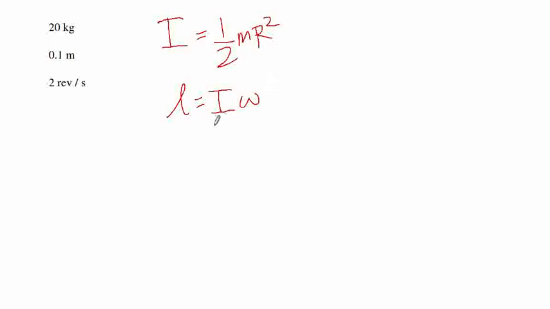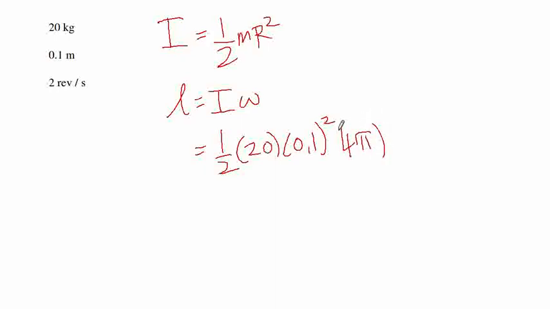So let's see what that gives us. So 1/2 times m is 20 times r squared, so 0.1 squared. And then for omega, 2 revolutions per second. Each revolution corresponds to 2 pi radians, so that's 4 pi radians per second. And so now let's see if we can simplify that.